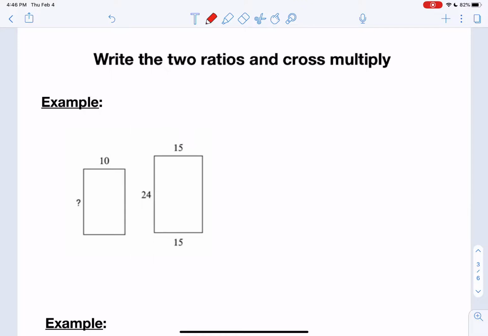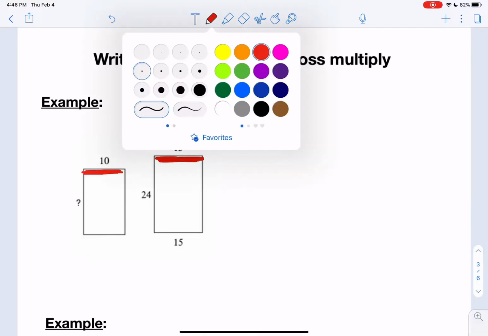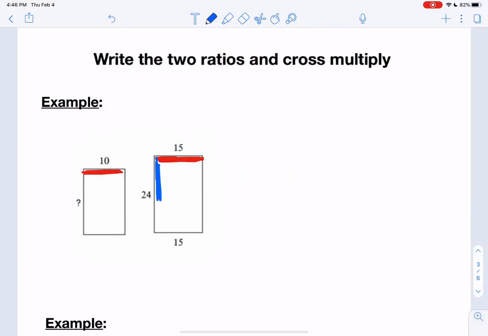Now, how do we do that? Well, you still have to work with the same sides. So if we have the tops, we have the tops, okay? And then if x is on the left side, then that means it goes with the left side of the second image. All right, now keep in mind, this is still the original, and this is the new. Now, for the ratios, it's 1.25 bigger, but what is each side?